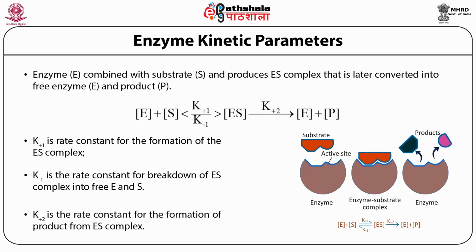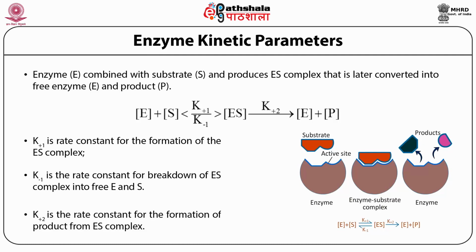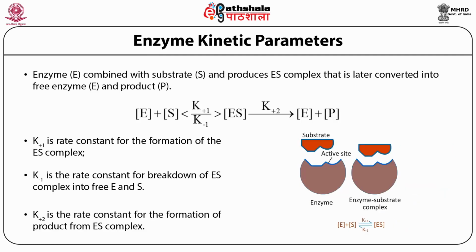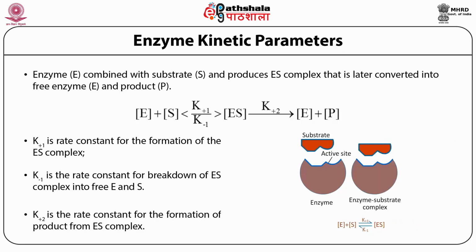That means K plus 2 must be greater than K minus 1. The velocity of a reaction depends on product formation. Velocity is the product formed per unit time, so basically it is the product concentration that gives you information about the velocity of the reaction.